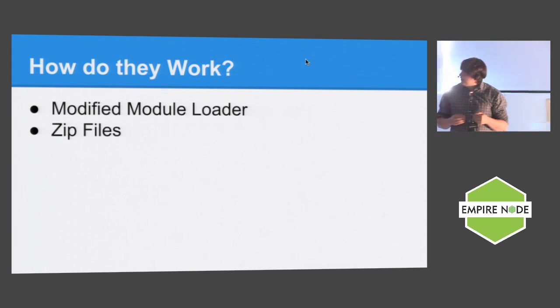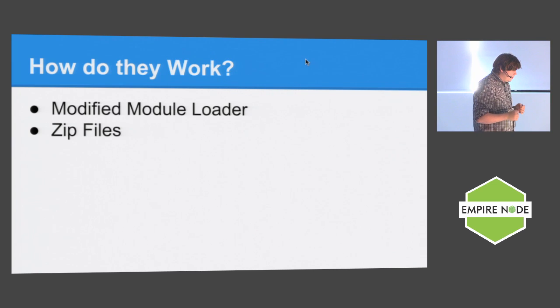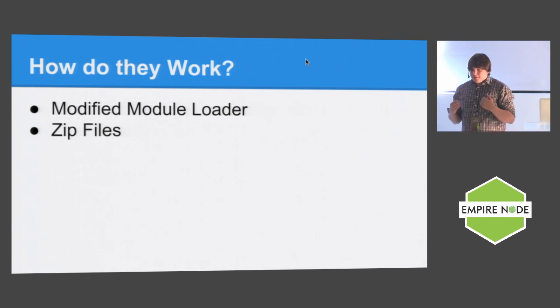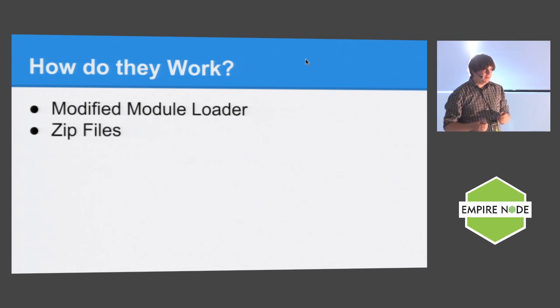So what is the archive loader doing? We're using an addition to require. Currently, require is a frozen API in Node.